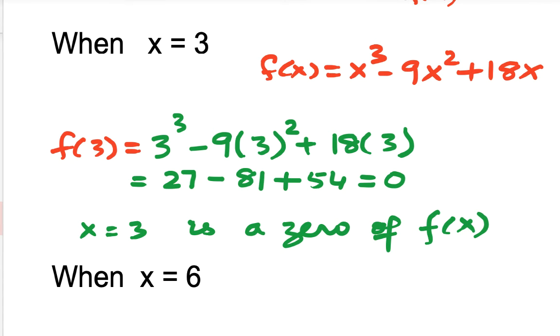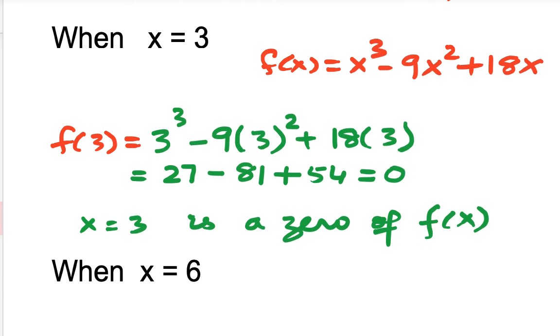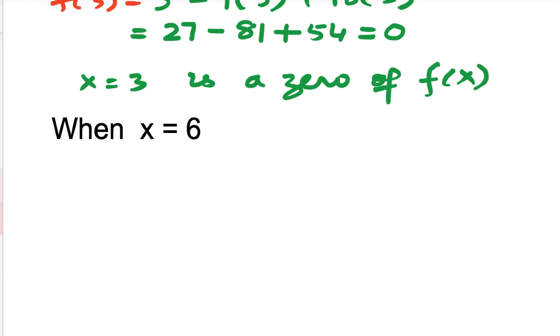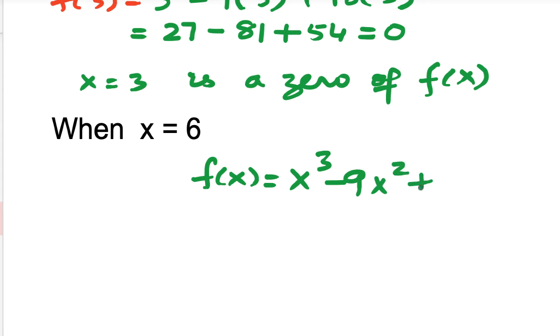Let's try the last one, which was given to us, x equal to 6. So once again, we are going to plug in. Let me once again write down: f(x) is given to be x cubed minus 9x squared plus 18x. And I plug in f of 6.